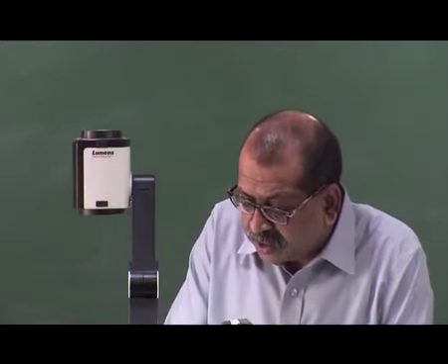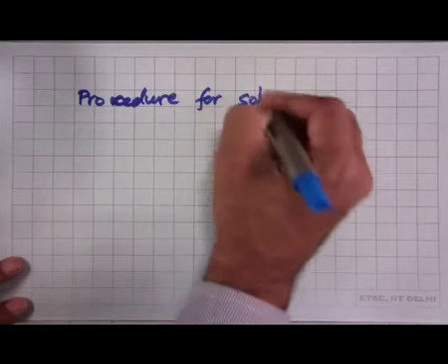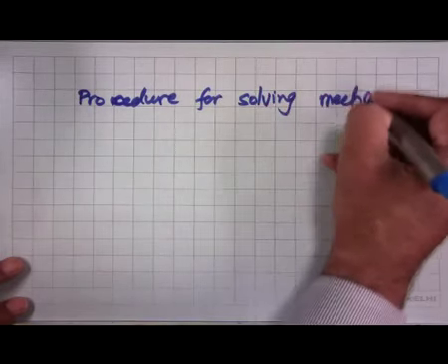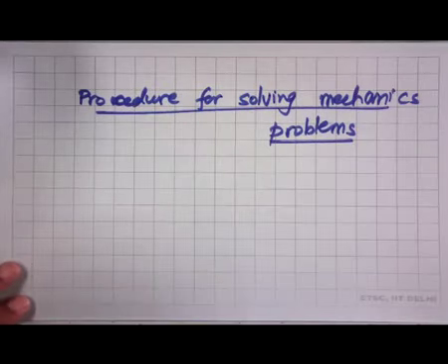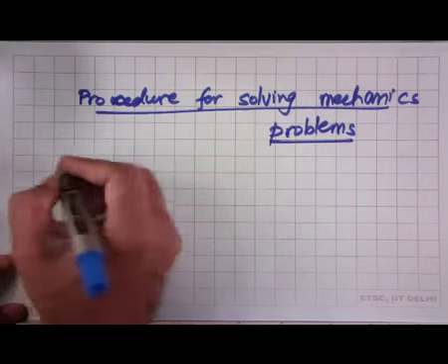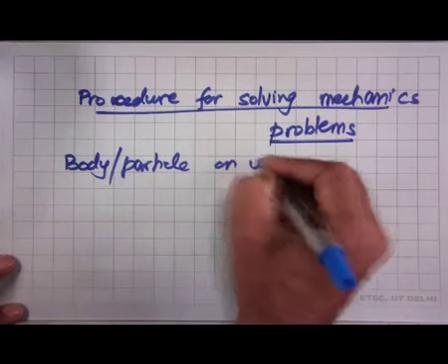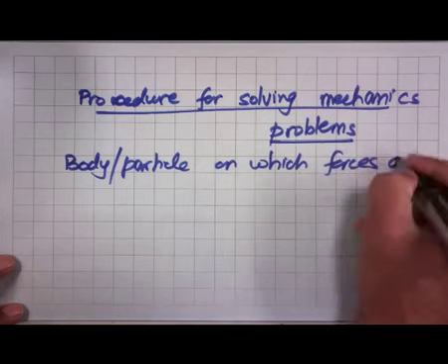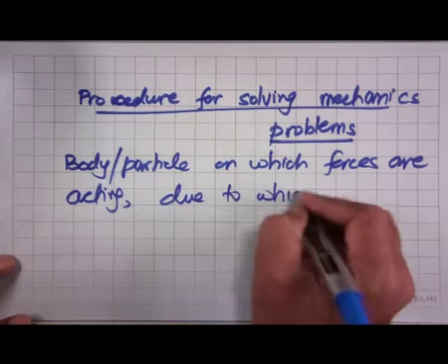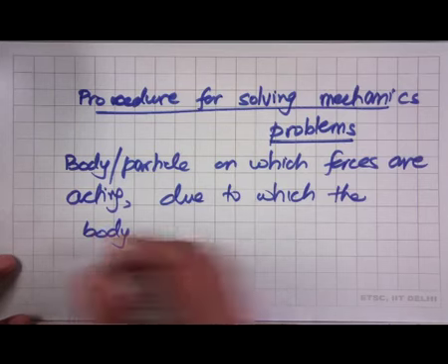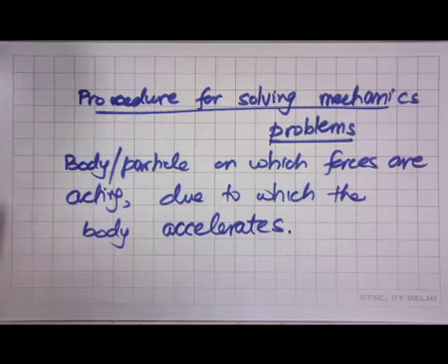So, our procedure for solving problems is this: you have a body or a particle on which forces are acting and due to which the body accelerates. And we have to work out one of these things.